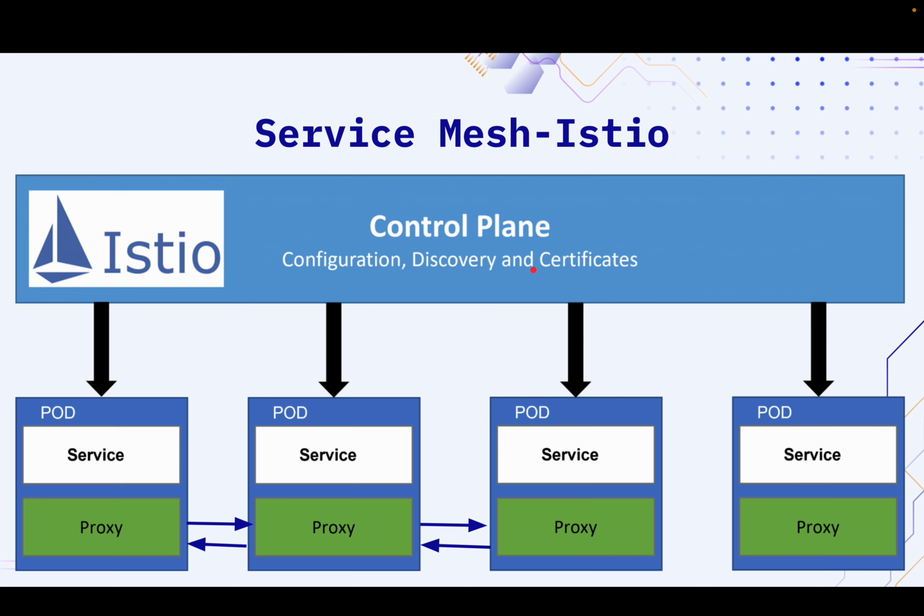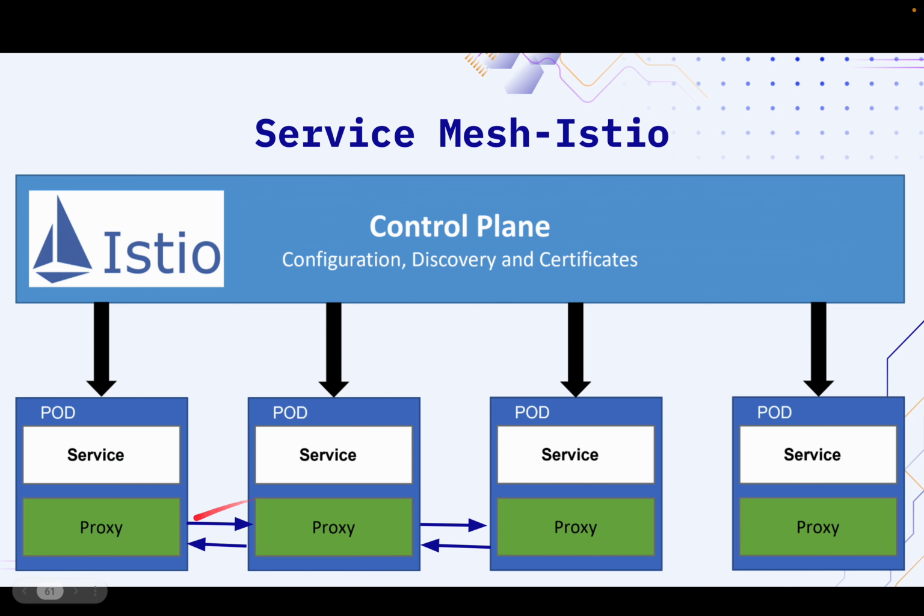With service mesh, we don't have to make any changes to the existing Kubernetes manifest file, so we can have a different manifest file for service mesh. Once we inject these proxies, the communication between this service and another service is not going to be direct. It's going to be through the proxy. The communication between the microservices is going to be through the proxy.